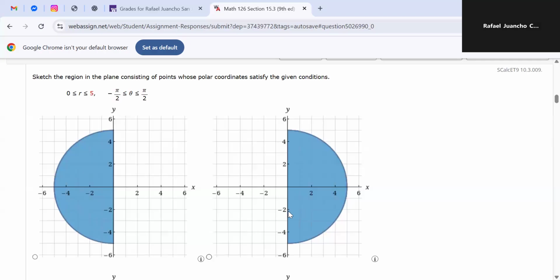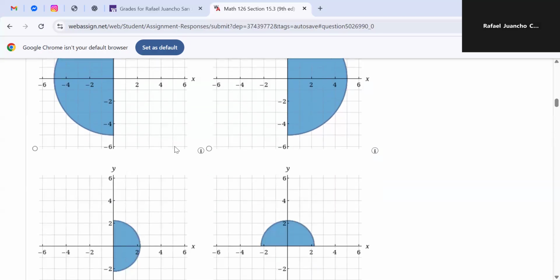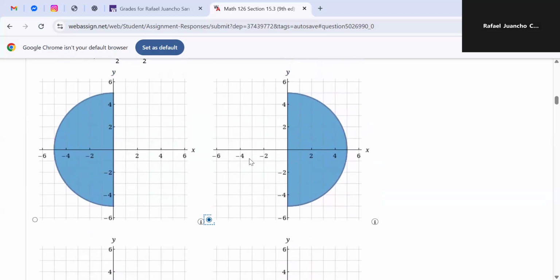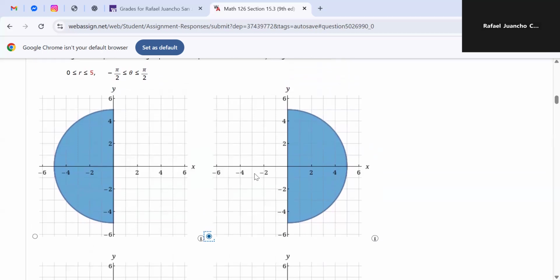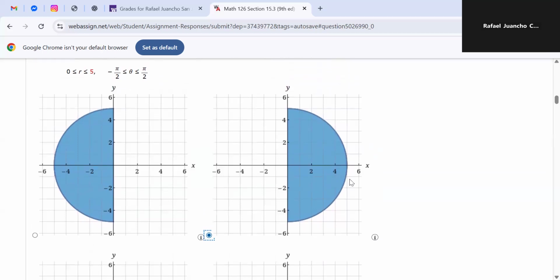So it starts from here. And I'm assuming this is counterclockwise because positive angles are always counterclockwise. So I would say it's this one. If not, it's probably this one. So yeah, this is my answer, because this starts from negative pi half going all the way to pi half, and also has a radius of 0 to 5.